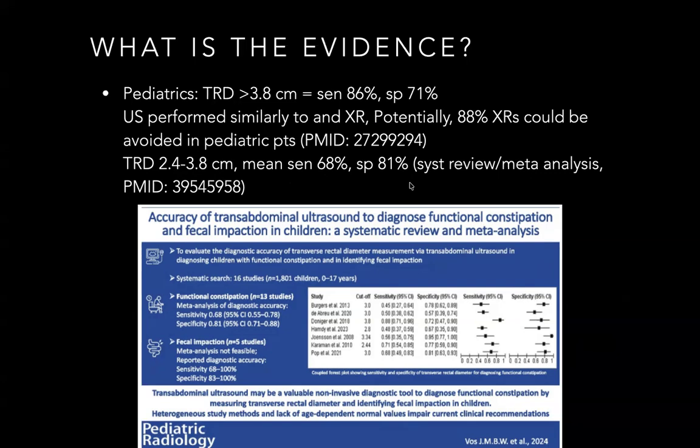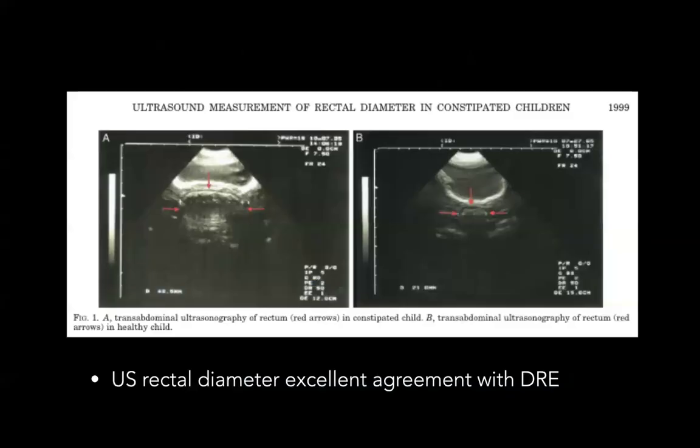Of course, sensitivities and specificities are not perfect, but it's another tool in your toolbox in assessing for fecal impaction outside of X-rays and outside of the digital rectal exam or further imaging.